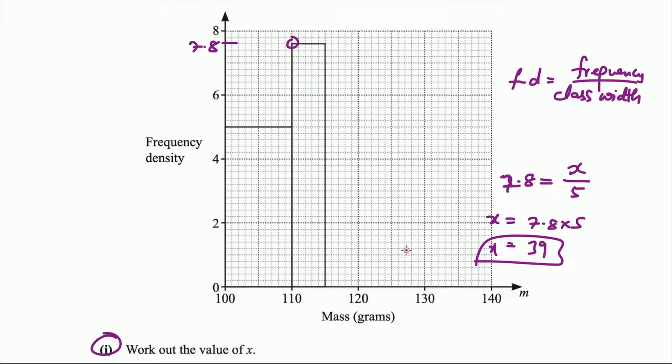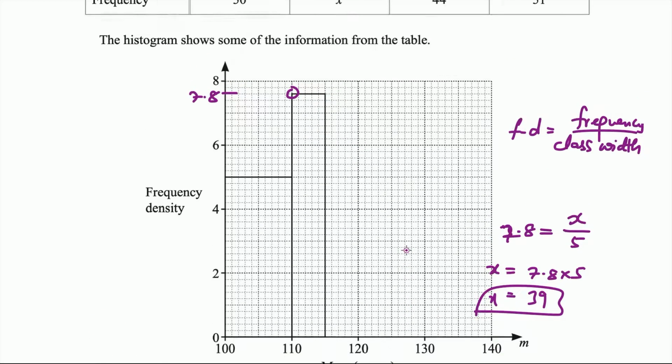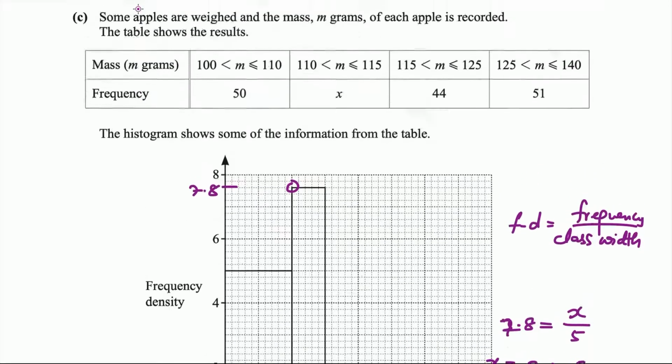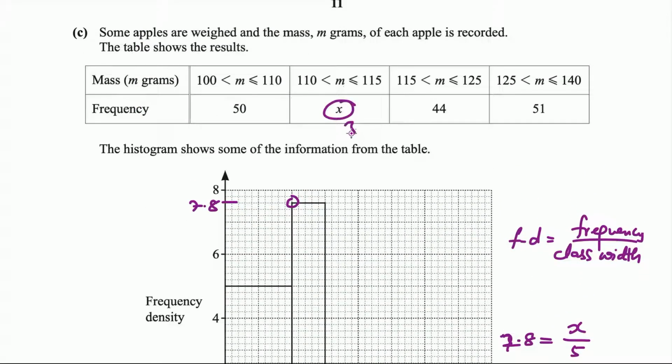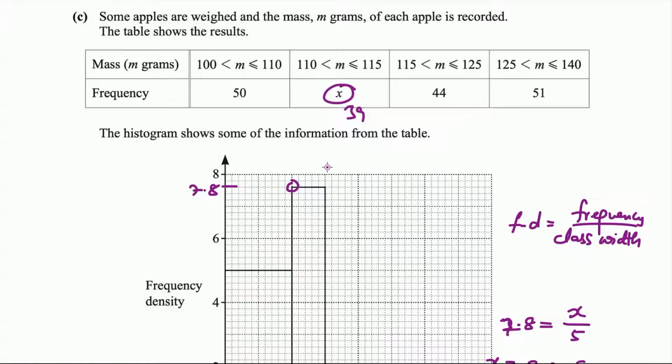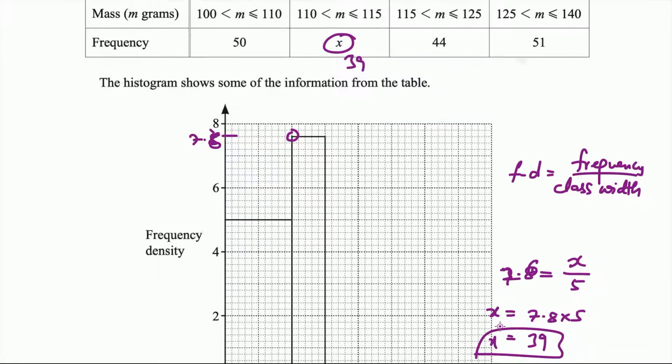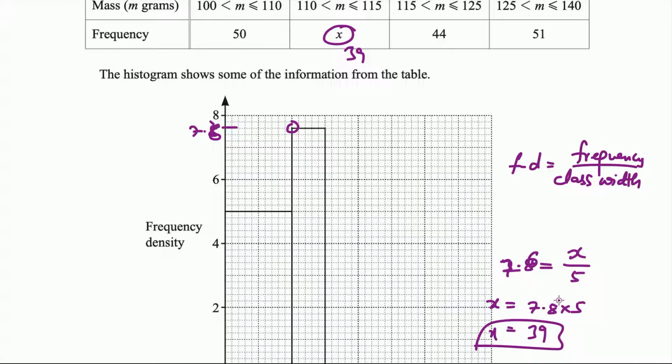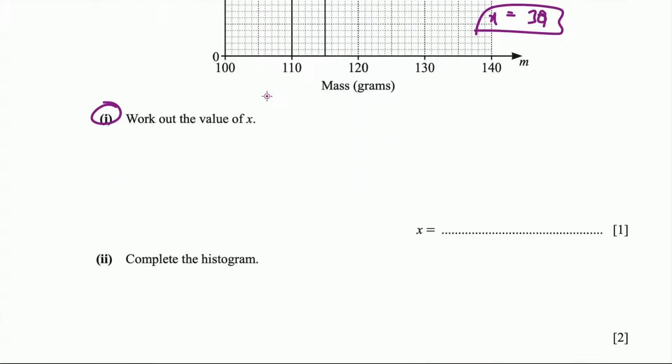That is the correct answer. It's not 7.8, sorry, I made a mistake. It is 7.6. So 7.6 into 5 is 38. So the correct answer is 38. Okay, I made a mistake. Sorry. This is 38.